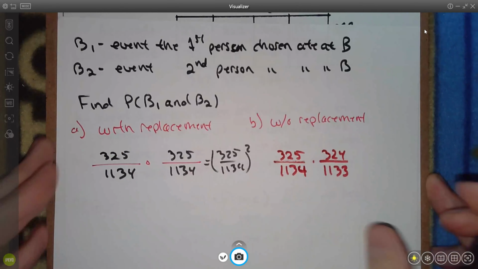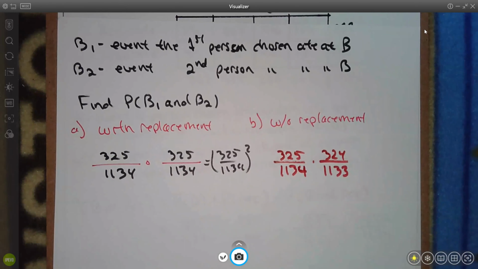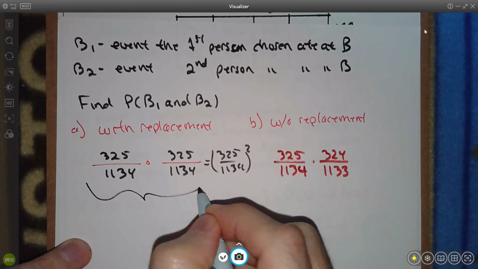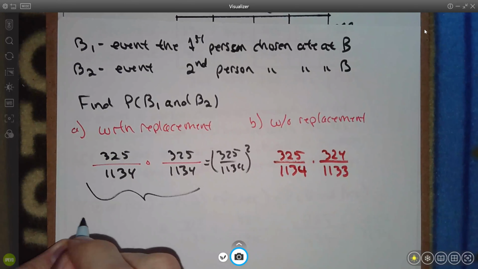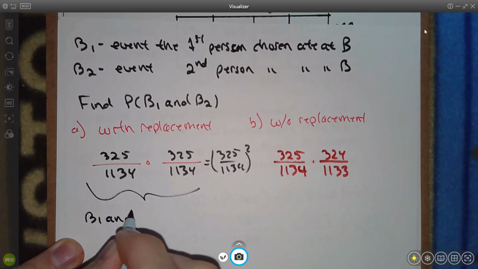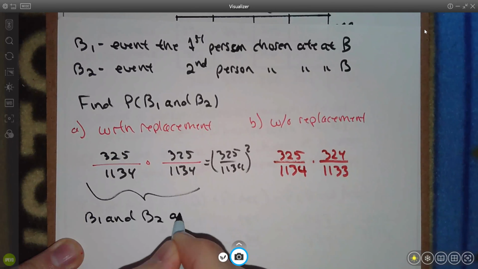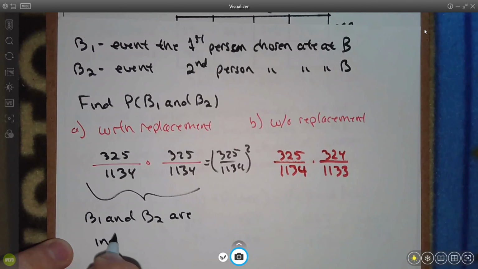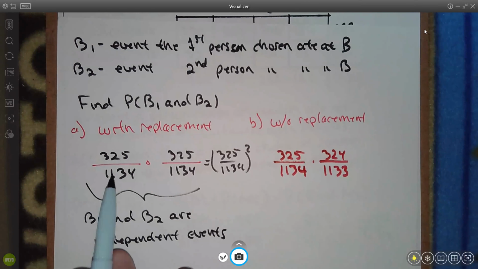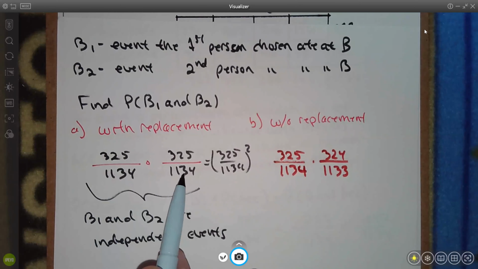So let's understand what that says. B1 and B2 are independent events. What happened with B1 didn't affect the probability of B2, right?